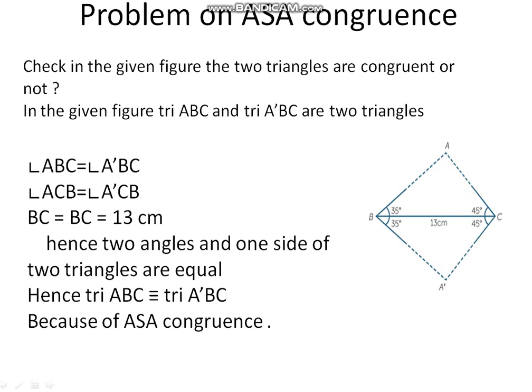Hence two angles and one side of the two triangles are equal. Angle ABC equals angle A'BC, and ACB equals A'CB. Because of ASA congruency, triangle ABC is congruent to triangle A'BC.